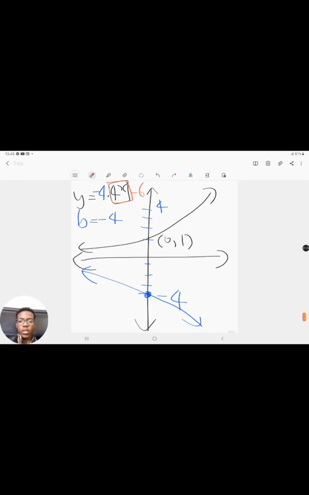Let me just make a blue square so that I show you this graph here. This entire graph here is this graph that you see here. So what I have to do now is take the asymptote of this graph and move it down by 6 units, right?